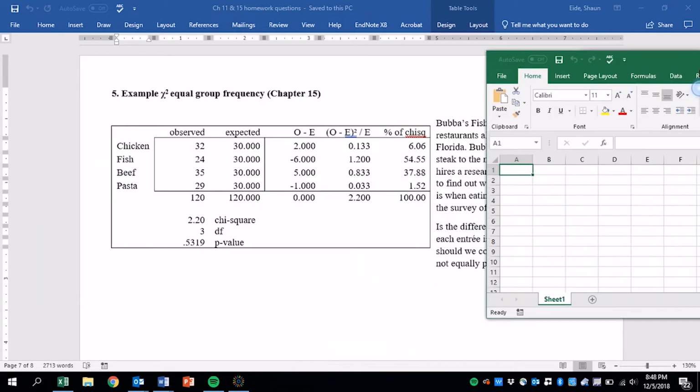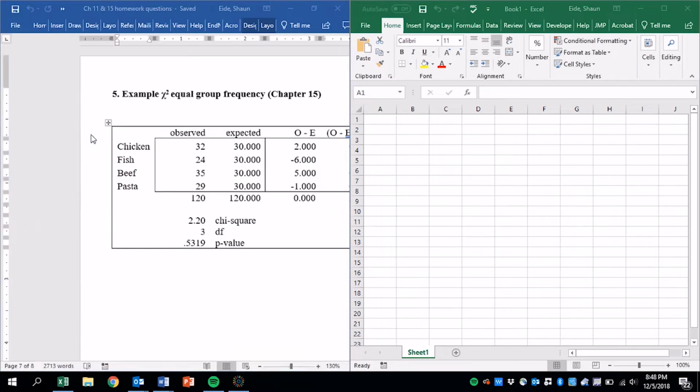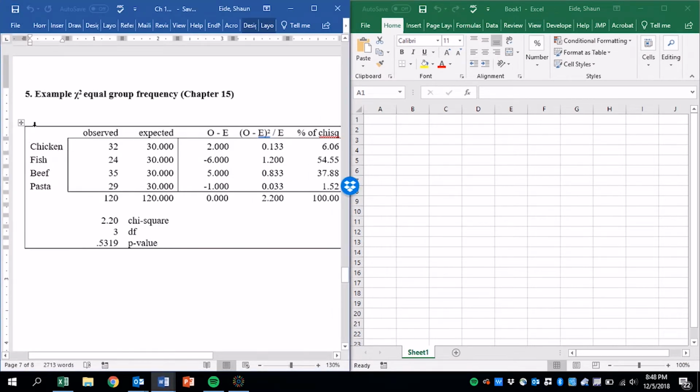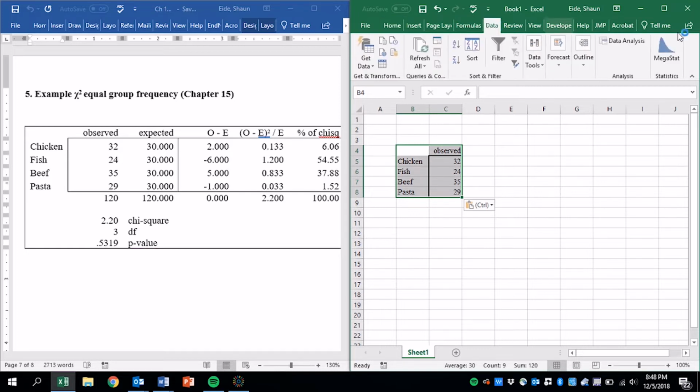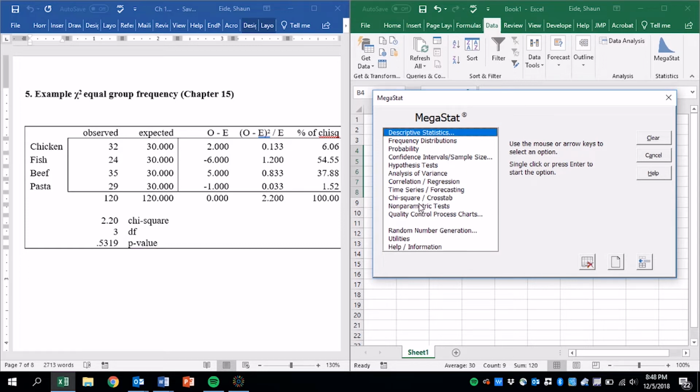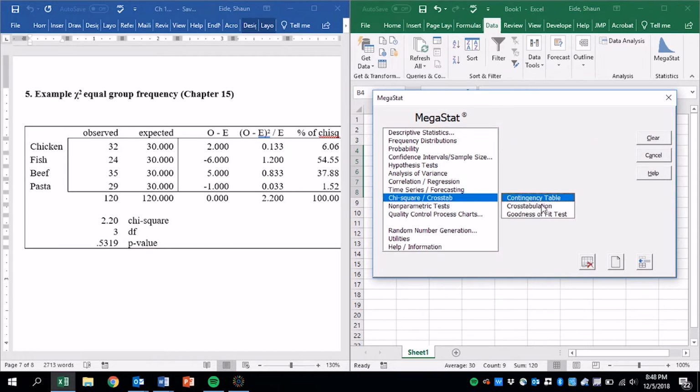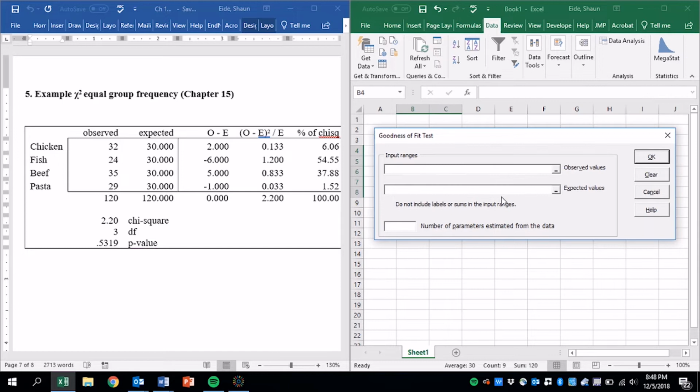Okay, so, Control C. Then I go to Data, MegaStat, and then I go to chi-squared, and I click on Goodness of Fit Test.